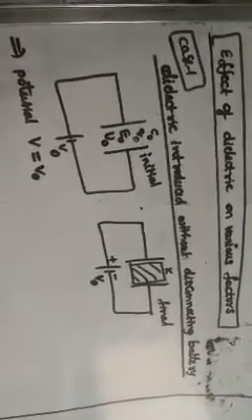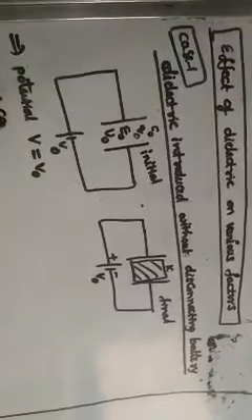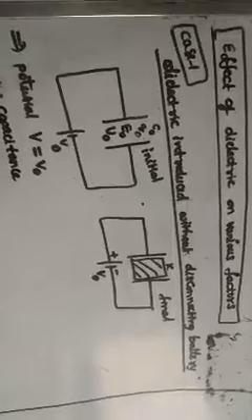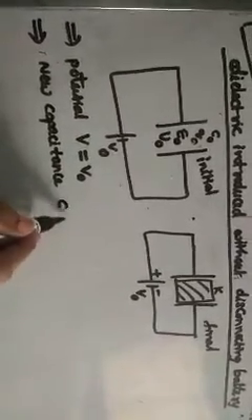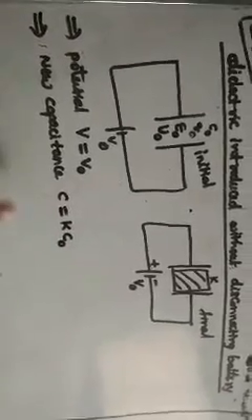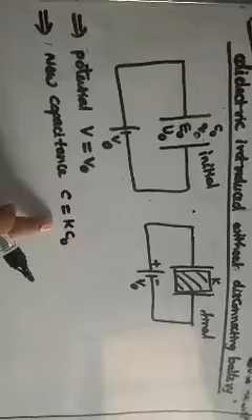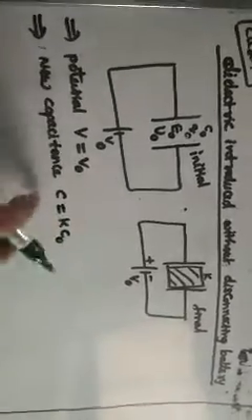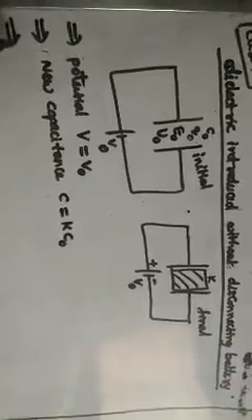What about the new capacitance? Already we know this concept; I derived this condition. Anyone can guess the new capacitance? Capacitance increased by K times. Do you remember? If the original capacitance is C naught, the new capacitance becomes K C naught. This is one answer.